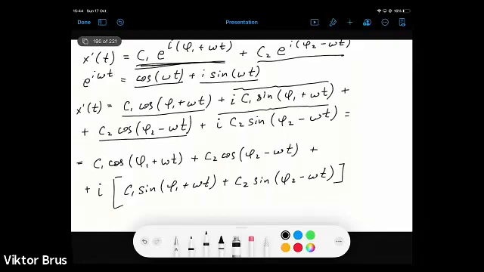So as I mentioned before, we care only about the real solution, which makes physical meaning. And we will get it only in that case when the imaginary component of this function will be equal to 0. So let us try to figure out under which conditions our imaginary component will be equal to 0.